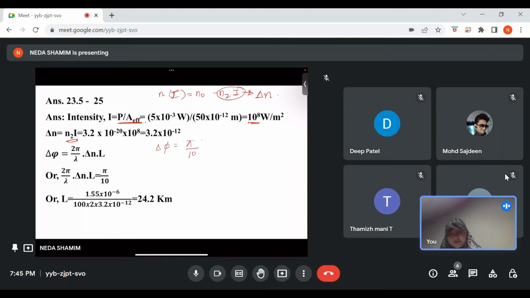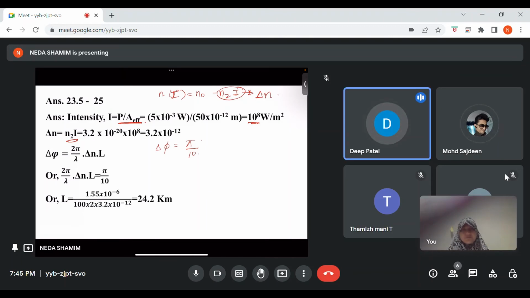You can just substitute it over here, and you can find the length that is being traveled by my laser beam. All good?